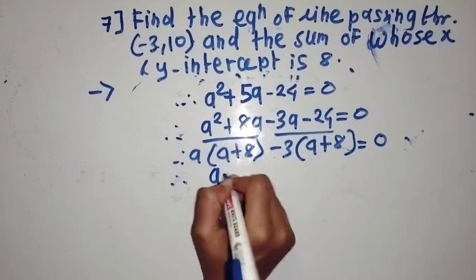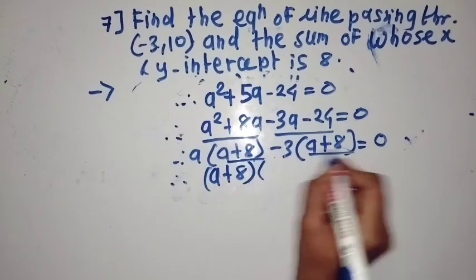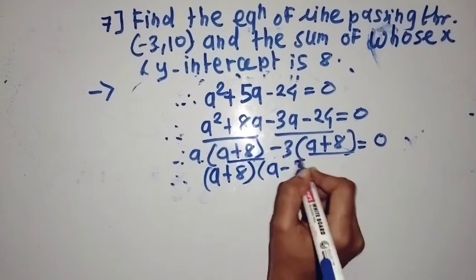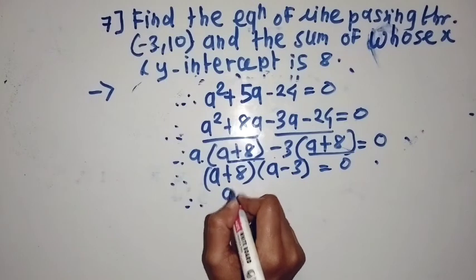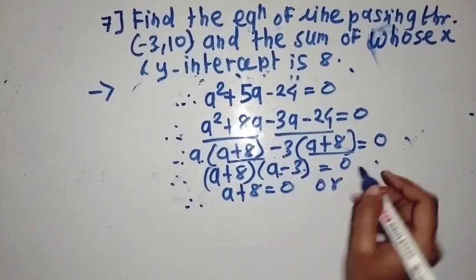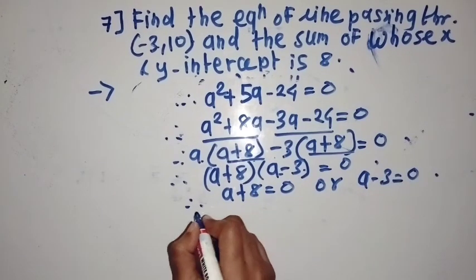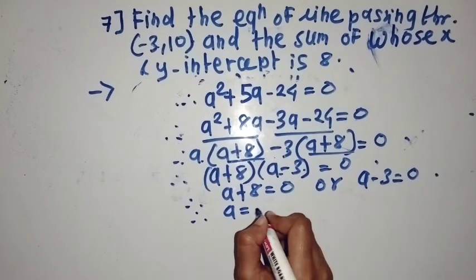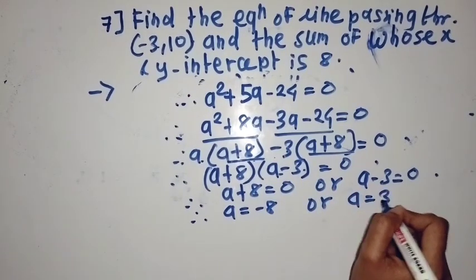Hence we get a plus 8 into a minus 3 is equal to 0. Hence a plus 8 is equal to 0 or a minus 3 is equal to 0. Hence a is equal to minus 8 or a is equal to 3.